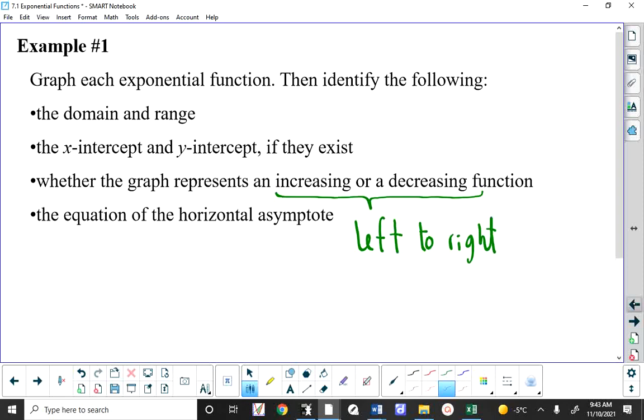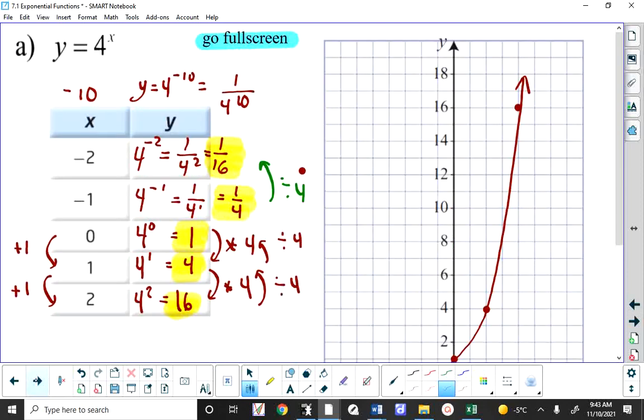Always from left to right. So when you take a look at the first graph, if I were walking along that line like it's a hill, and I were walking left to right, my height above the ground is going to be increasing. So y is increasing as x increases. And that means that this is called an increasing function.